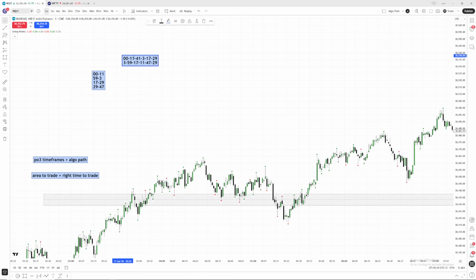So 00 and 11 starts an algo, 29 to 47 starts reversal, 59 to 3 ends the reversal algo 2, 17 to 29 ends the algo 1. These are all start or end nodes. Any one of these paths should be here, otherwise there is no point in trading.